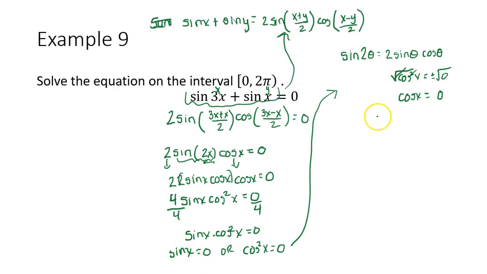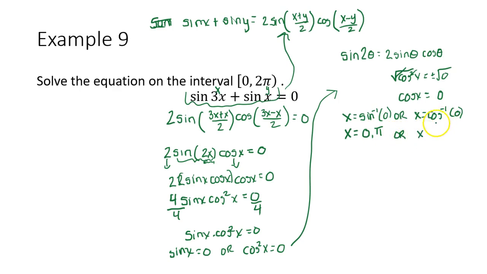If the sine of x is equal to 0, then x is going to be equal to the inverse sine of 0. Or if the cosine of x is 0, x is going to be equal to the inverse cosine of 0. And now we get to our unit circle, and the places where the sine is 0 on the unit circle, that happens at 0 and at pi.